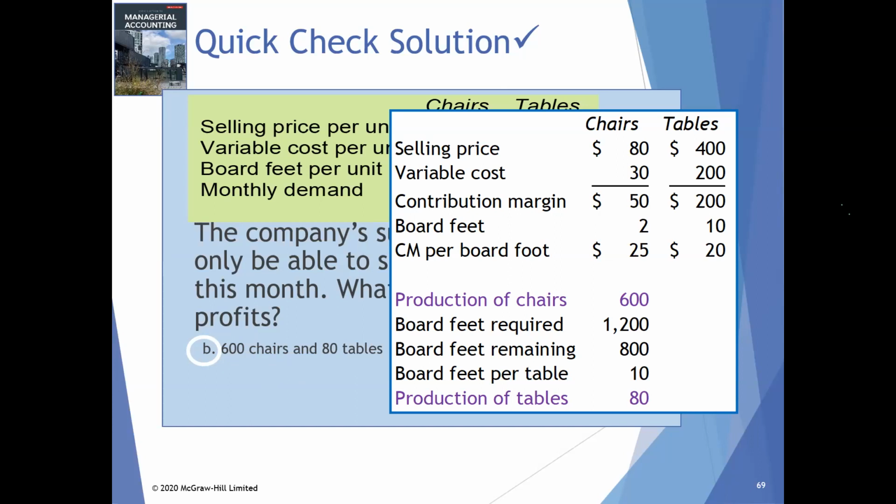If this company is going to opt for this method and manufacture 600 units of chairs, how many board feet are required? 600 into 2 is 1200, right? So board feet required is 1200. But we know that we will have only 2000 board feet. So 2000 minus 1200 will be 800 feet. So 800 feet will remain for making tables. And we know that 10 feet are required for making one table. It means 80 tables can be produced. Very simple.